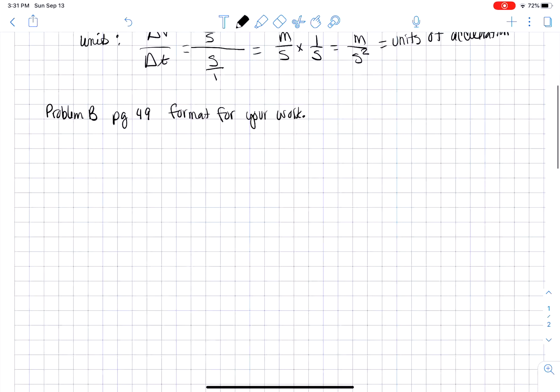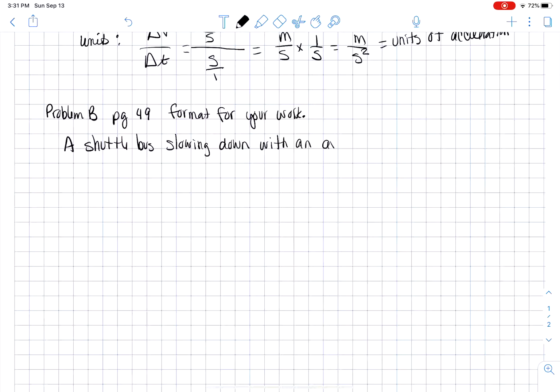In this example, we have a shuttle bus slowing down with an average acceleration, and now since it's slowing down, we're going to have a negative acceleration. So it's going to be negative 1.8 meters per second squared, units of acceleration. Negative again, negative because it's slowing down.